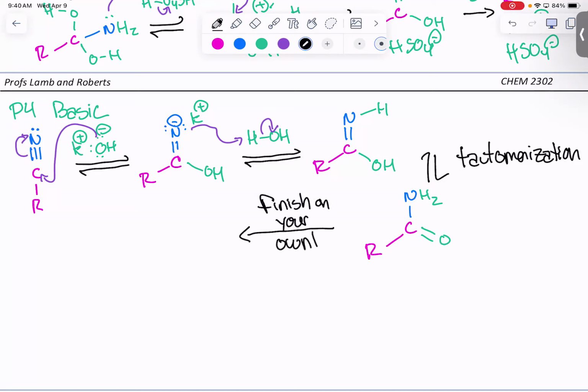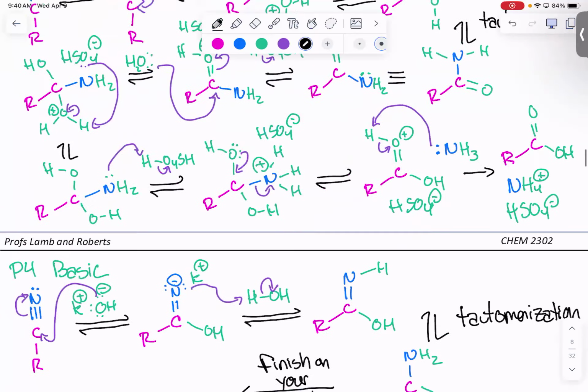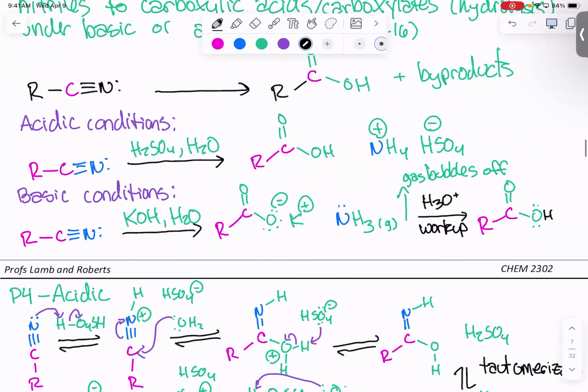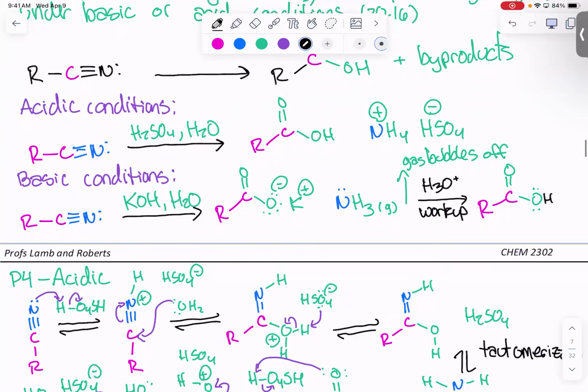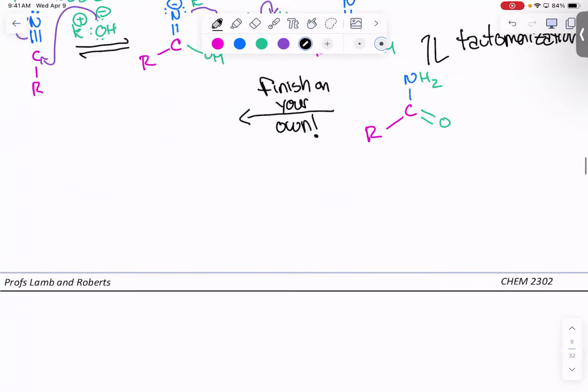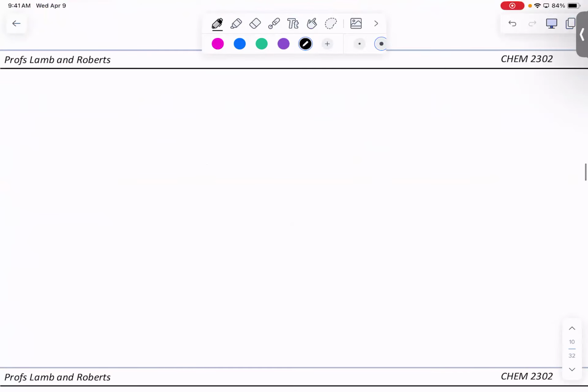All right, and if you have questions about this, you want to draw it out, you can upload a picture to the discussion board, and you can go ahead and check your answer that way. All right, so that was a really long mechanism that we had for our hydrolysis. We had to break a lot of bonds, right? We had a carbon triple bonded to our nitrogen. So we had to break a lot of bonds, and that takes a lot of mechanistic steps.